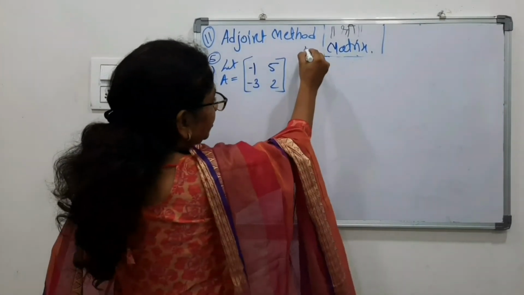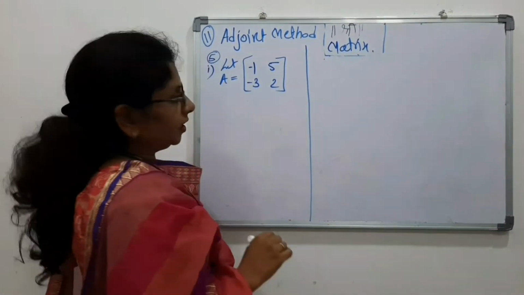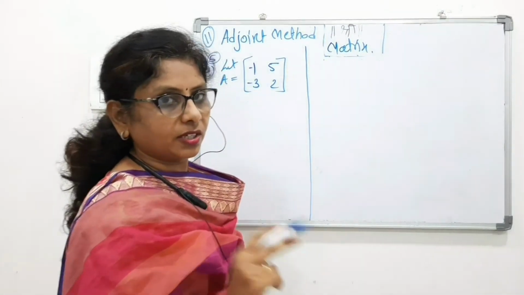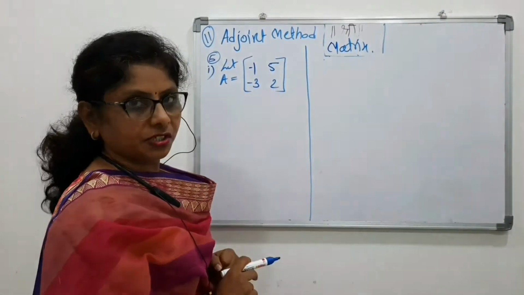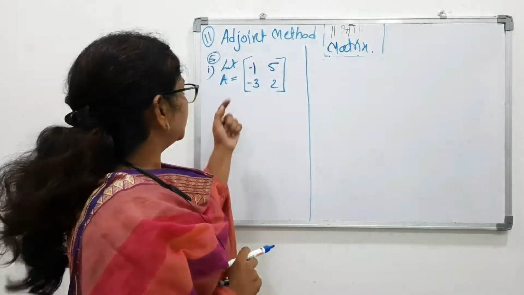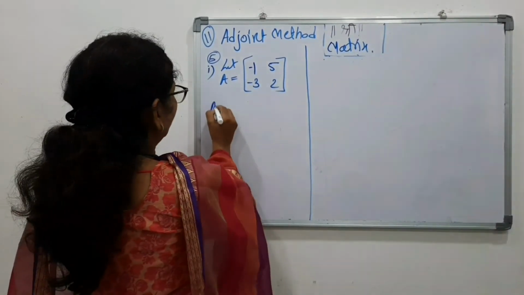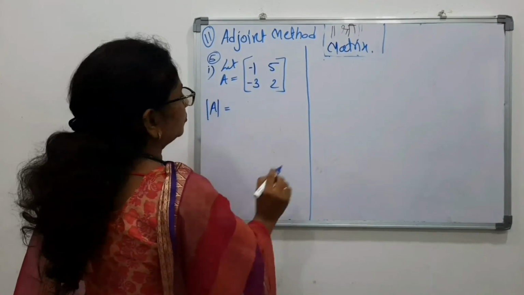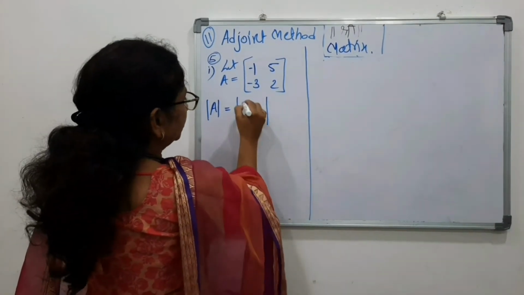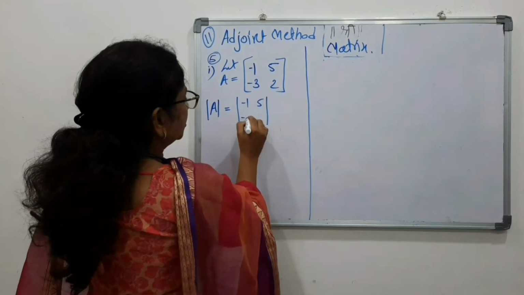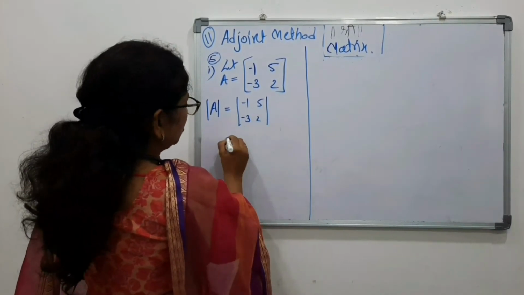Then we know that if the given matrix is non-singular, then and only then A inverse exists. So first we have to check whether this is non-singular or singular. For that we have to find the determinant of this matrix. So what is the determinant? Put all the elements in two parallel lines and solve.